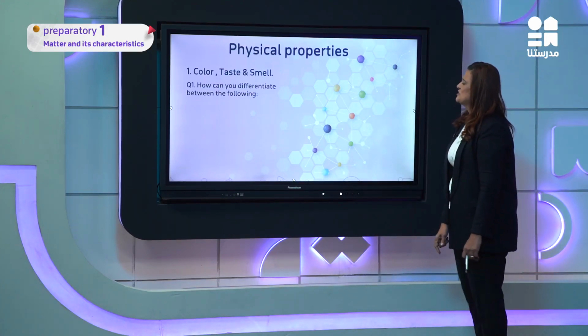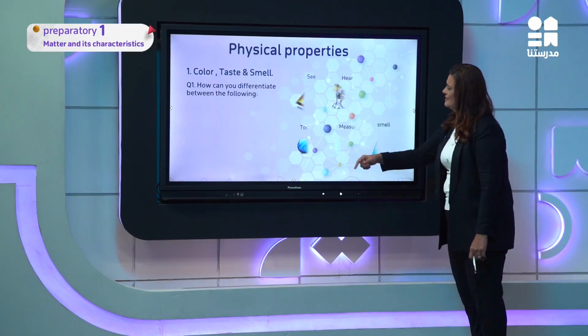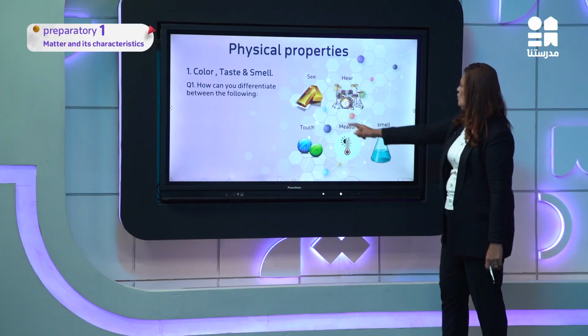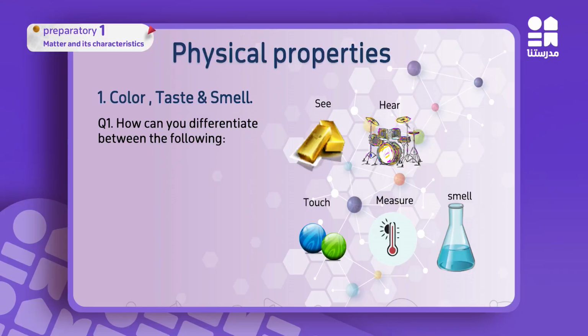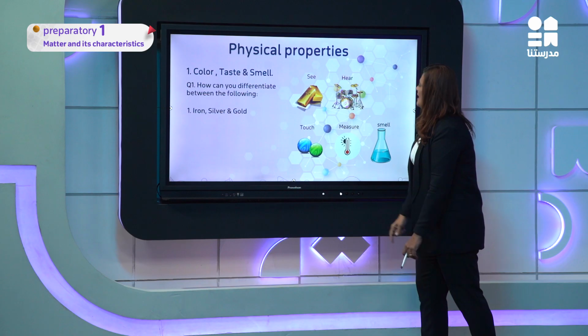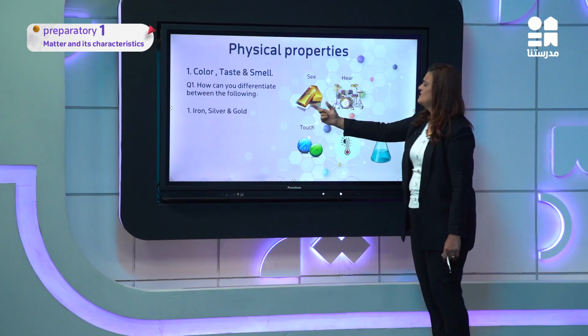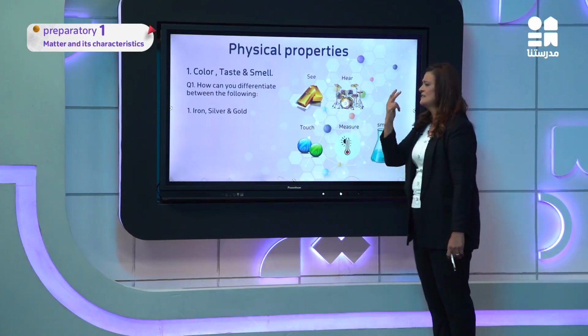How can you differentiate between the following? And we have here gold, and sound coming from these systems. And here we have a bowl with different texture, a thermometer, and a beaker containing a certain liquid that has a certain smell. How can you differentiate between iron, silver, and gold? By seeing the color.